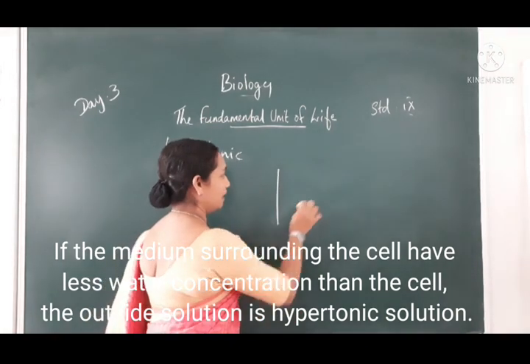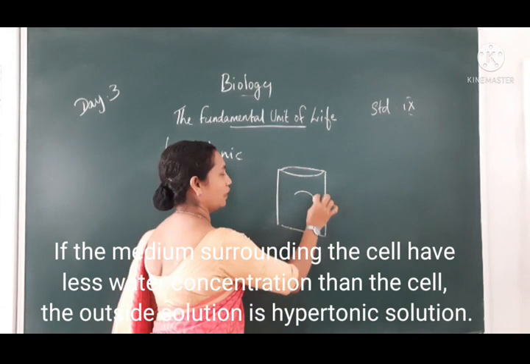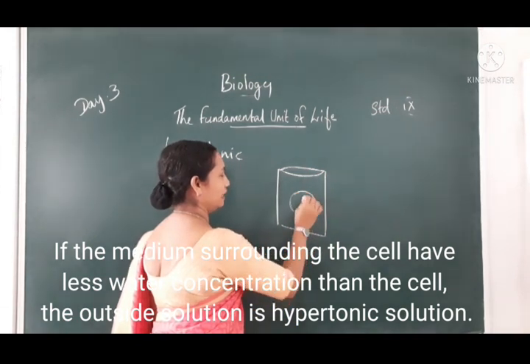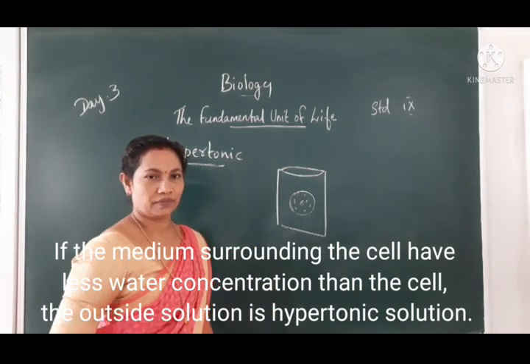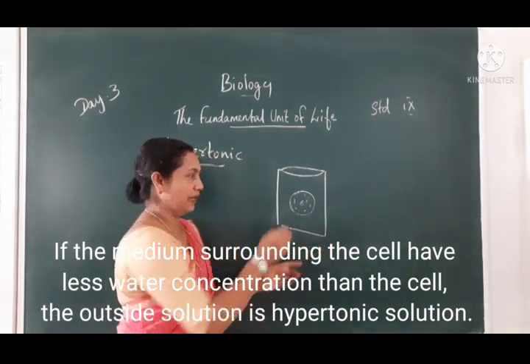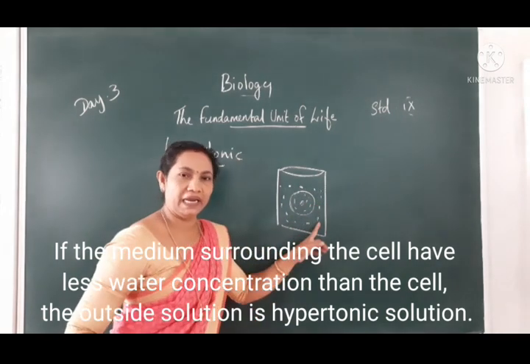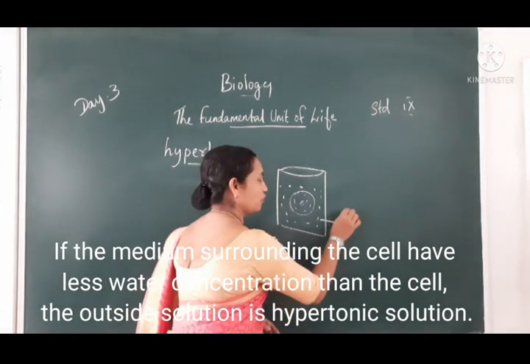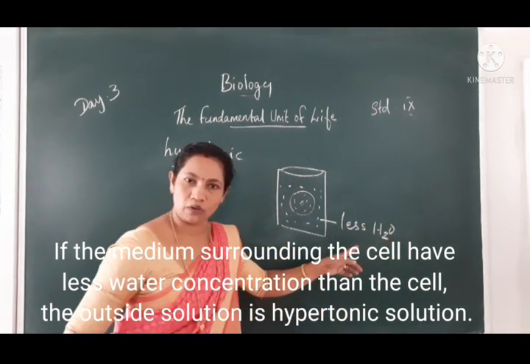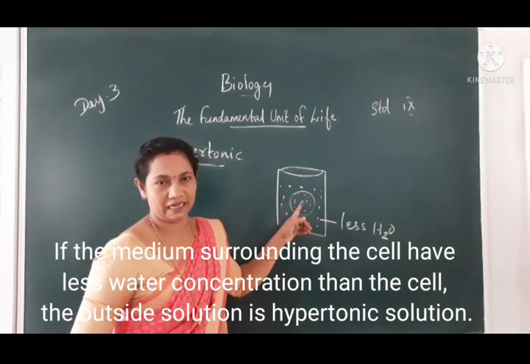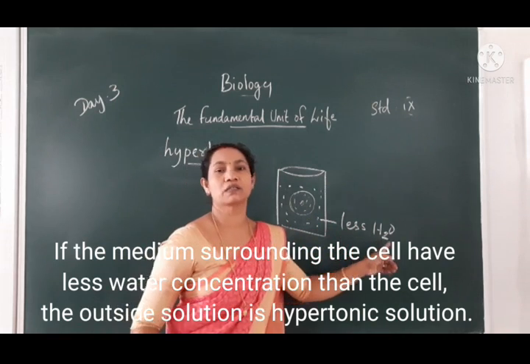You know the cell has the cell membrane, cytoplasm and also the cell nucleus. If this medium has less water concentration, fewer water molecules than that of the cell, this solution is known as hypertonic solution.